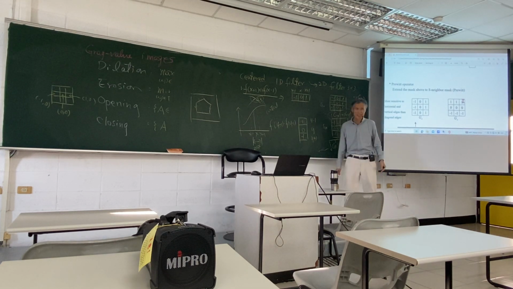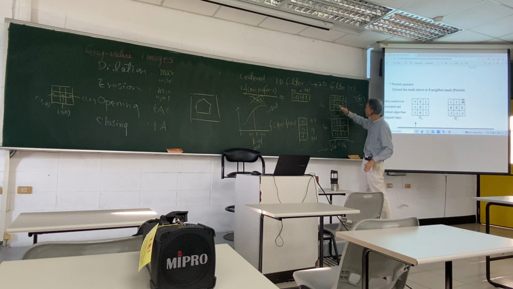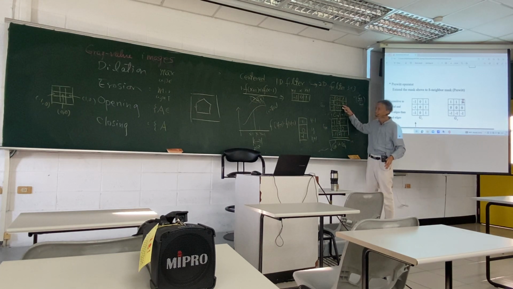So to make the response equally the same for horizontal, vertical, and diagonal edges, someone suggests, why don't we put 2 here? It makes sense, right? Why does it make sense?